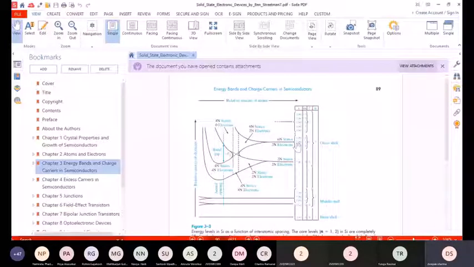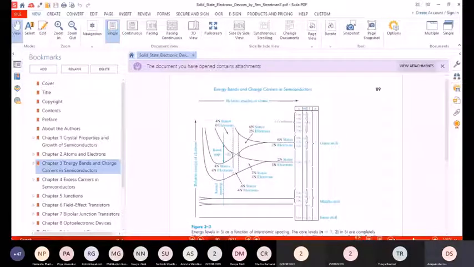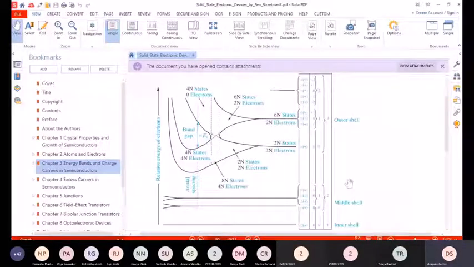So in the energy bands, we have put a graph wherein the y-axis was showing the energy of the electrons, and the x-axis was showing the interatomic distance.